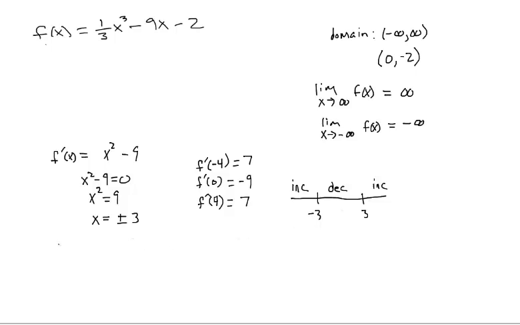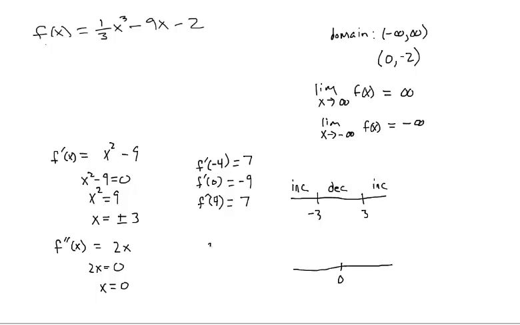And now we want to do the second derivative test. So f double prime of x is equal to 2x, and set that equal to 0. So 2x is equal to 0, and x is equal to 0. So we're going to do a sign chart for our second derivative test, with 0 being our critical value.